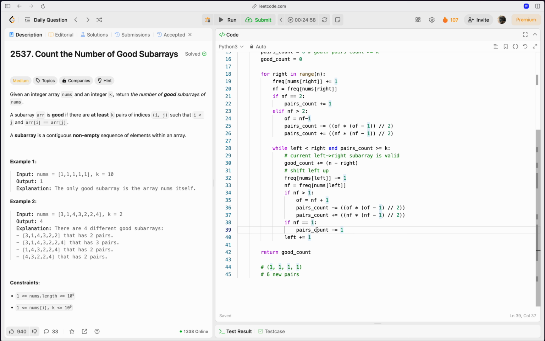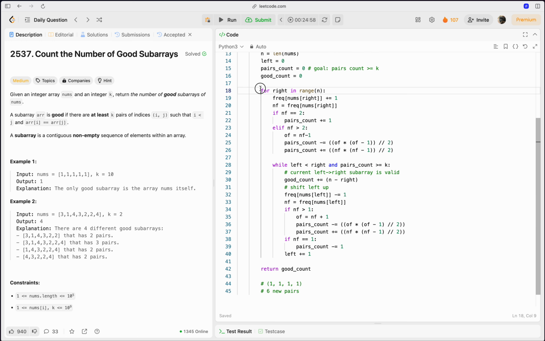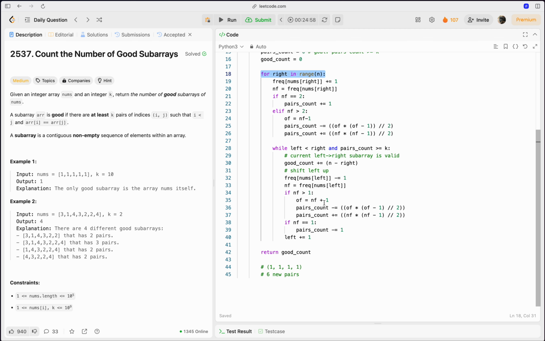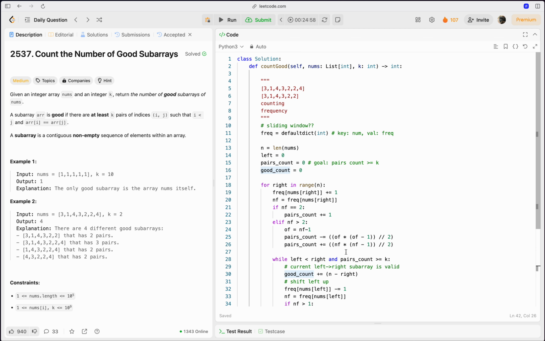After we shift it up by 1, it's possible that it's still valid. That's why we have a while loop here. So while it's still valid, keep adding to our good count and keep shifting up left. Then we slowly keep moving right along until we reach the end, and then we can just return good count.